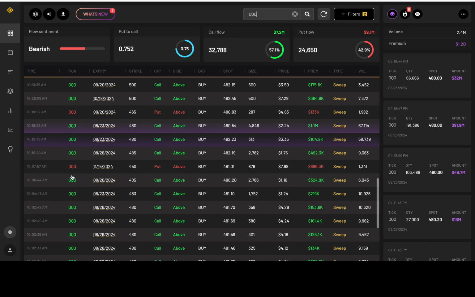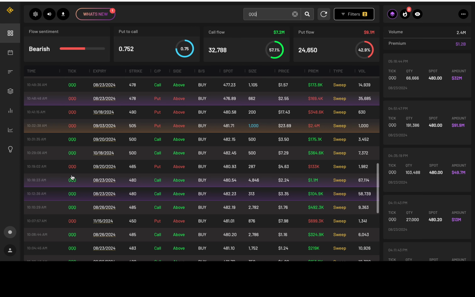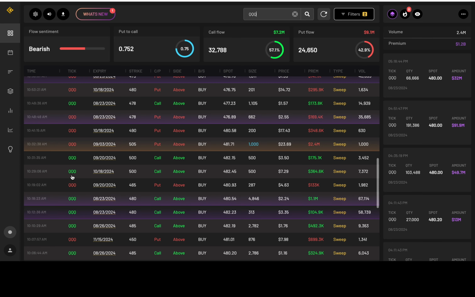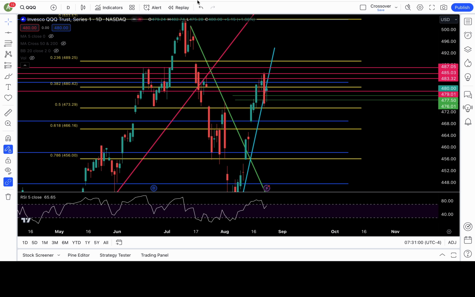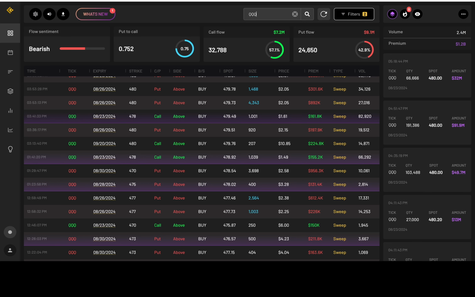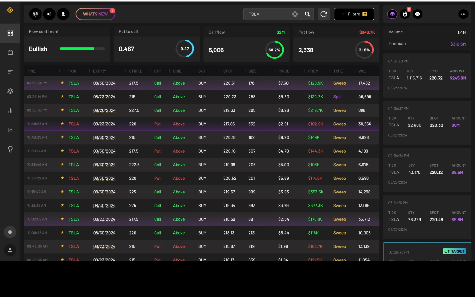Even though there are a lot of puts that are expired, the ones that are not expired are pretty aggressive. This is why I say price action is the shepherd, right? Because if you just go on SPY and Triple Q, they contradict each other. One's bullish, one's bearish. But price action will be the tiebreaker, if you will.